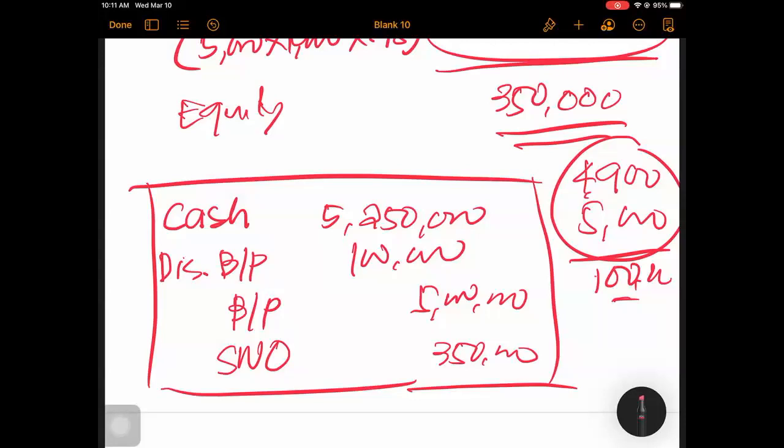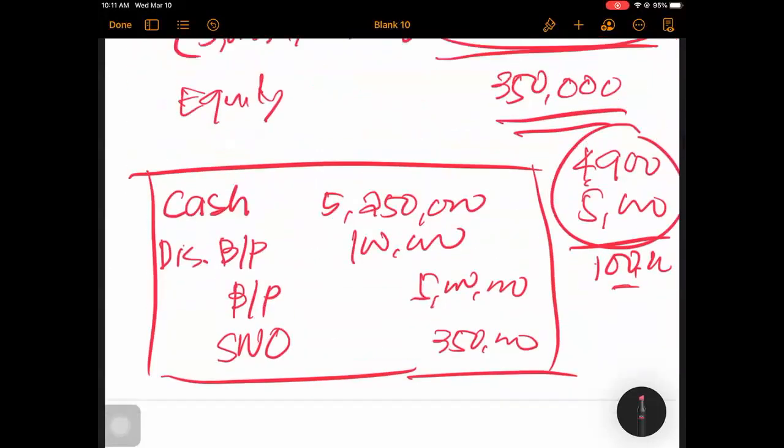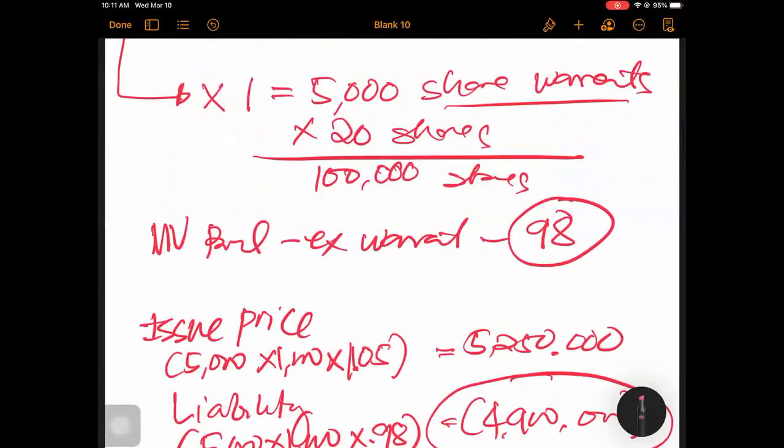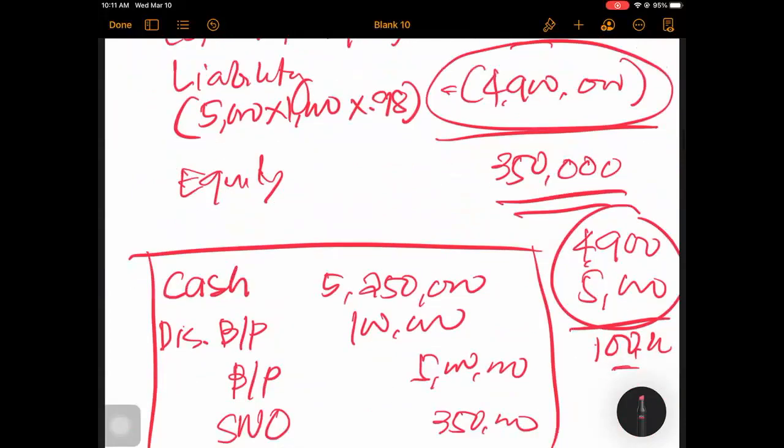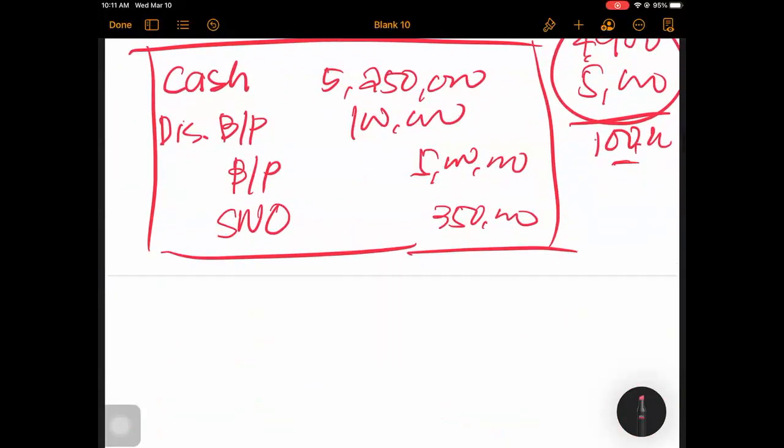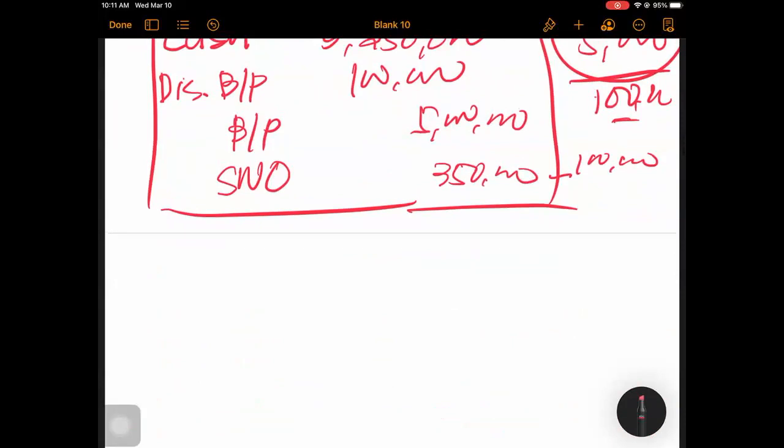So only 60% was exercised. The maximum that can be converted is 100,000 shares. Since only 60% was exercised, only 60,000 shares were converted. Since your share warrants of 350,000 are equal to 100,000 warrants, but only 60% were exercised, what is our entry upon exercise of the share warrants?